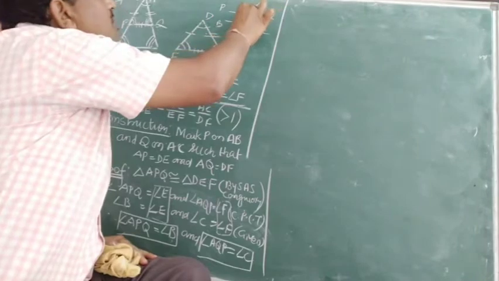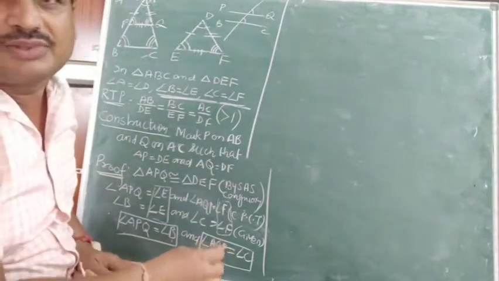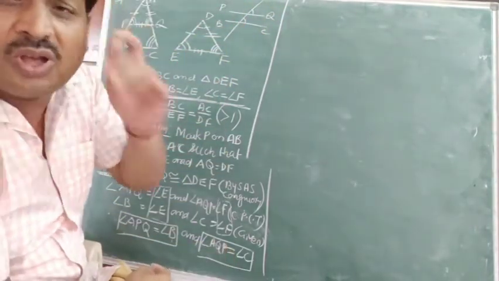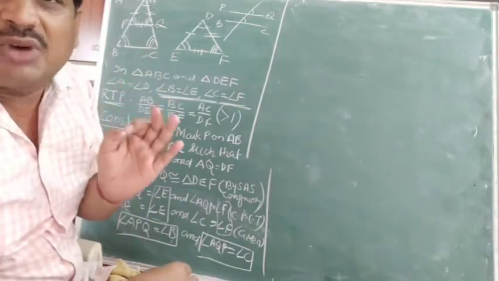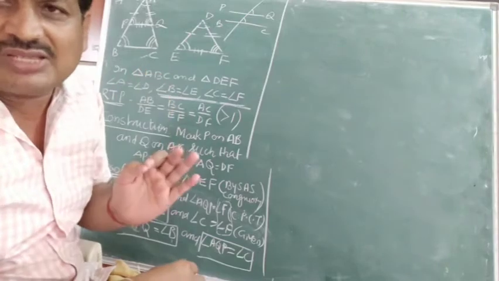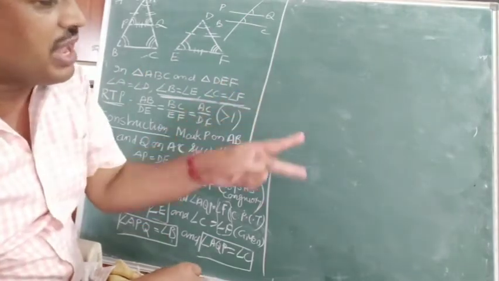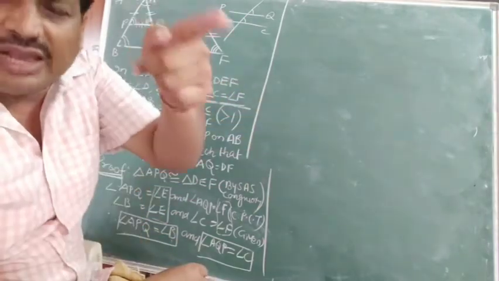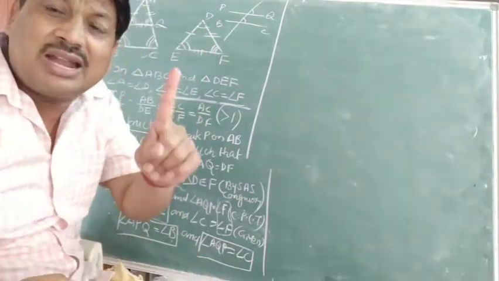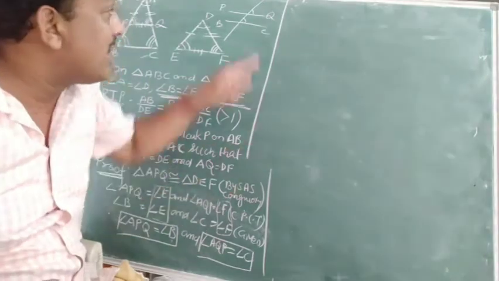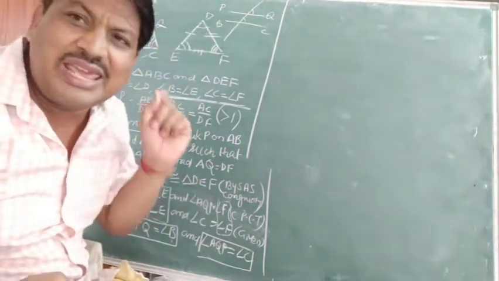We proved just now that these two are equal. These two are equal. So just go to flashback, children. There was a theorem of parallel lines which says that if any set of parallel lines is intersected or transmitted by a line, then their corresponding angles are equal.